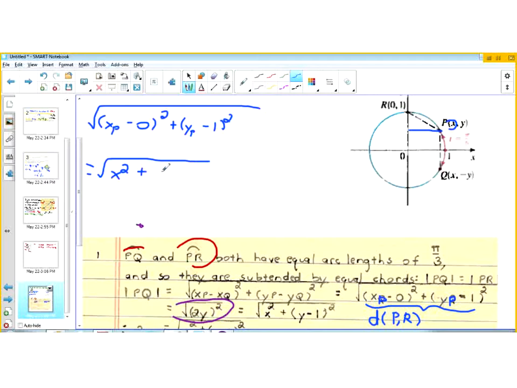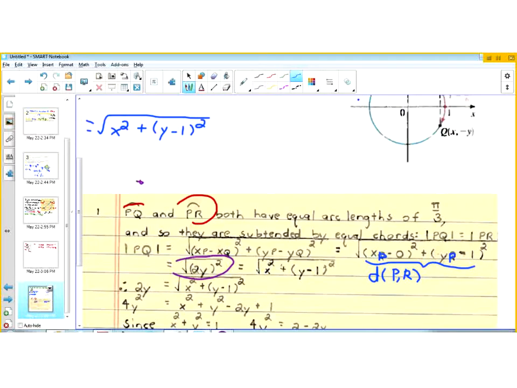Okay, so this would be plus y. We replace yp with y because yp is the ordinate of p, and in this illustration, yp and y are the same. Okay, so now we have the square root of 2y squared is equal to the square root of x squared plus y minus 1 quantity squared. So we have this equation.